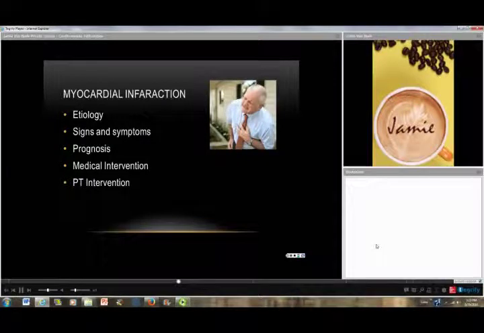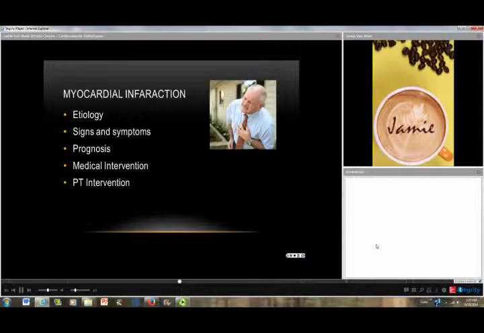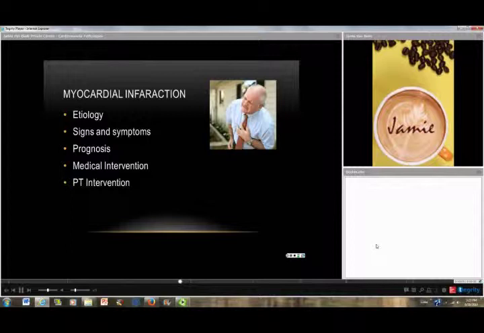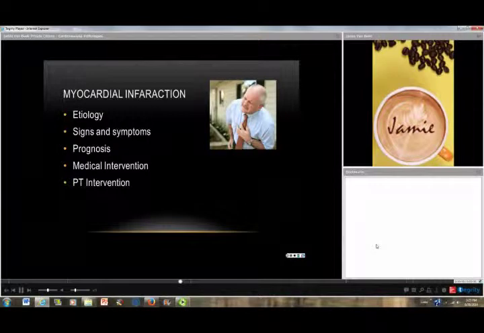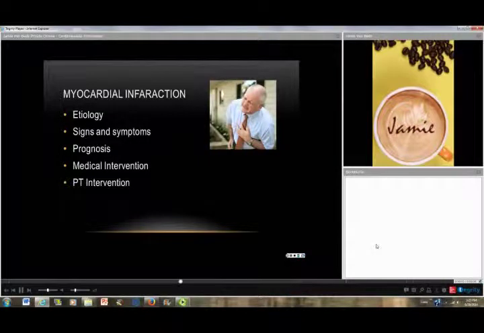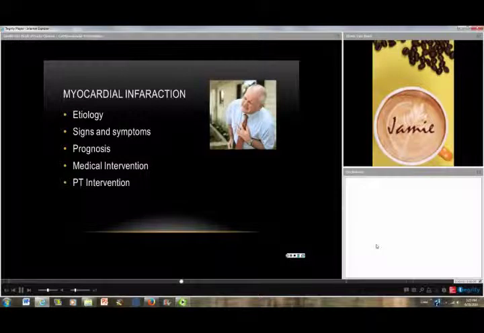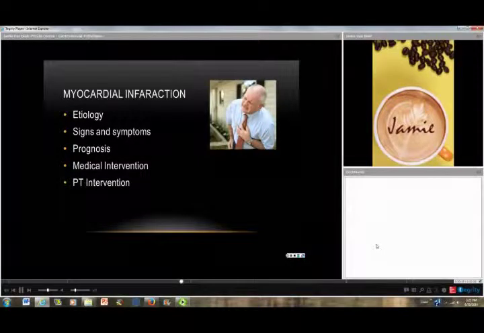Complications that can occur after a heart attack include cardiac shock and a heart rupture, which your book talks about. You can have a heart attack and that piece of dead tissue of the heart can actually break away and cause a hole in the heart.